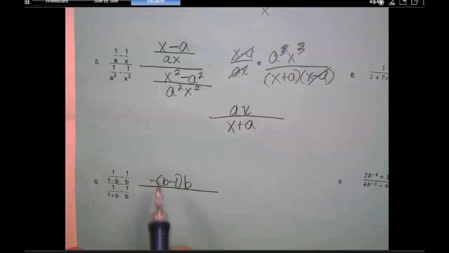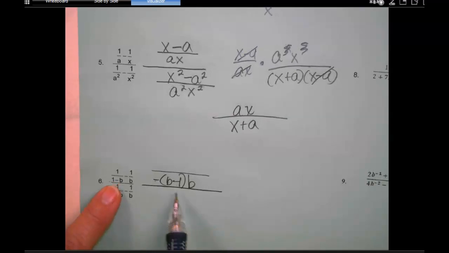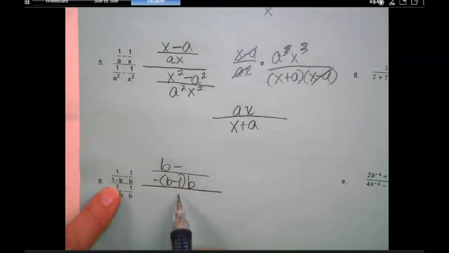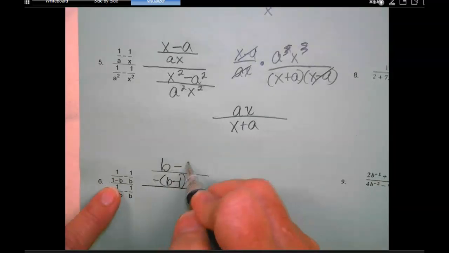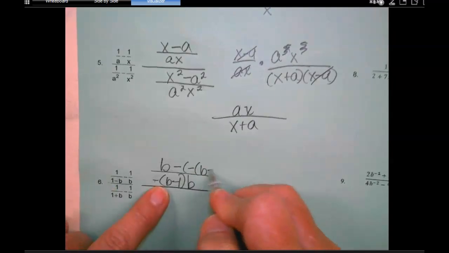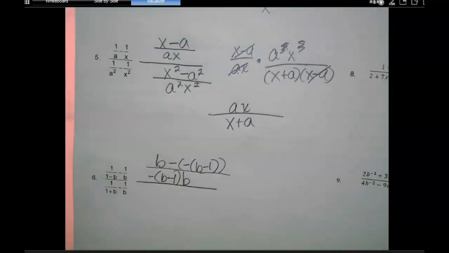All right? Now, on top, what am I going to multiply on top? B. And then I'm going to put a minus, and I'm going to have to multiply times a negative times the b minus 1. It's a little awkward writing it, but it's going to be fine. We're going to be fine.